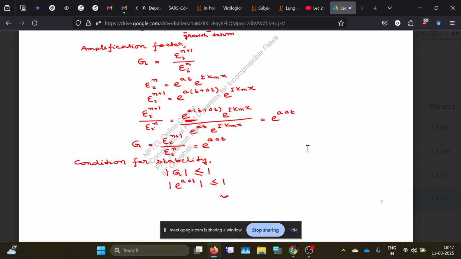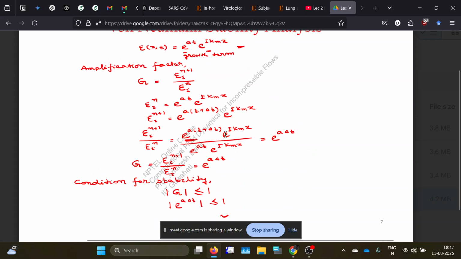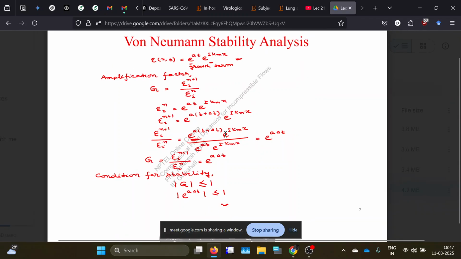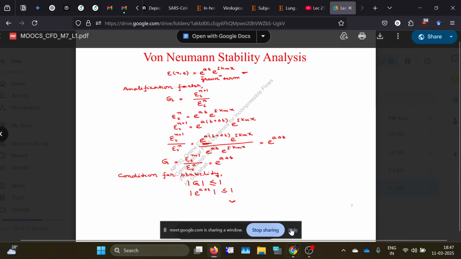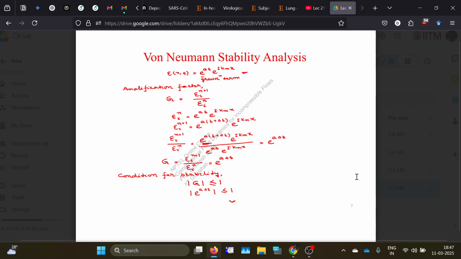Okay, so till now, just tell me if what you said is wrong. Basically, we have an error, which is obviously random in nature. It is a function of space and time, x and t, and we express it as a Fourier series, which is a summation of multiple waves.